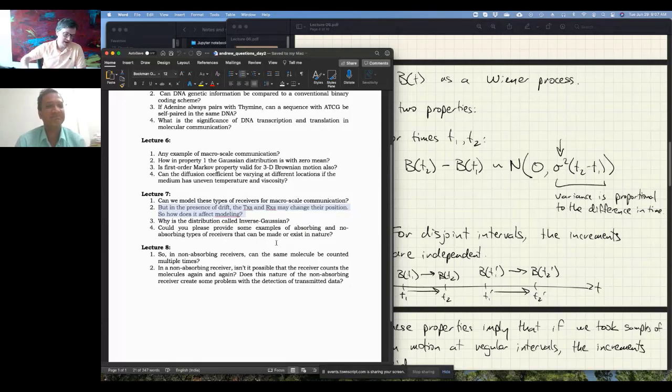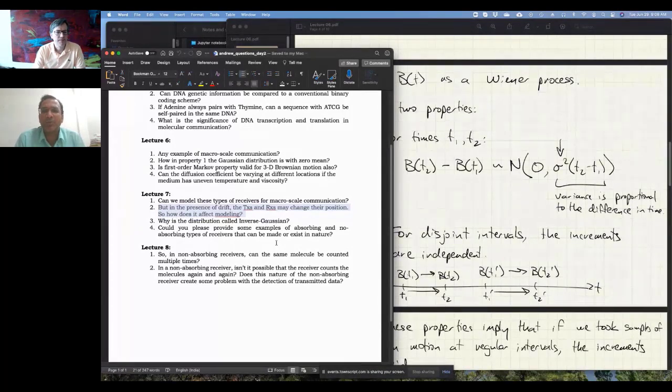How does it affect modeling? It affects everything. Basically, what you would have to look at is the relative motion between the transmitters, the receivers, and the signal-bearing molecules. Sometimes it works out nicely. For instance, you'd have linear combinations of the motion, or you would have to translate the motion into one frame of reference. Sometimes that works out very nicely, depending on the assumptions you make. Sometimes it's more complicated.